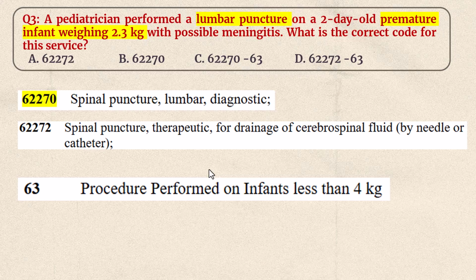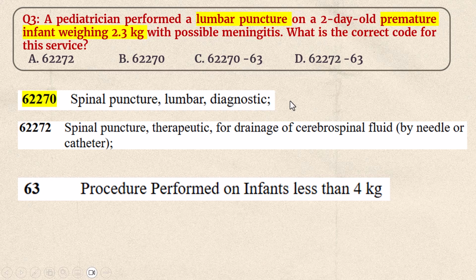When you go to the codes, 62270 is spinal puncture, lumbar, diagnostic. 62272 is spinal puncture, therapeutic, for drainage of cerebrospinal fluid by needle or catheter. But in here, it is used for the possible diagnosis of meningitis. So the correct code should be 62270, spinal puncture, lumbar, diagnostic.